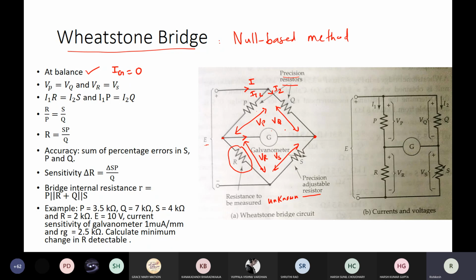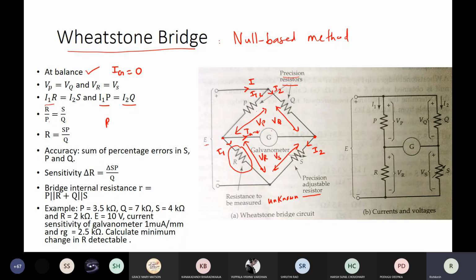Since no current flows through the galvanometer, in any direction, I1 flows as it is through R and I2 flows as it is through S. So the voltage drop across P is I1P and across Q is I2Q; similarly I1R is the drop across R and I2S is the drop across S. Taking the ratio, R by P is equal to S by Q.